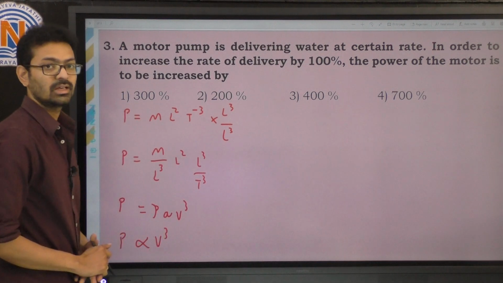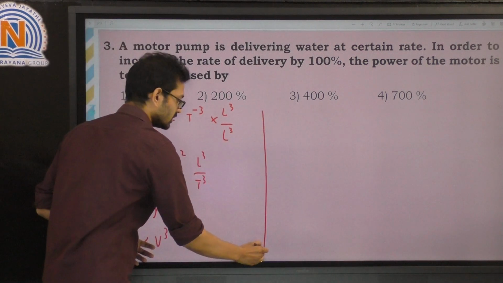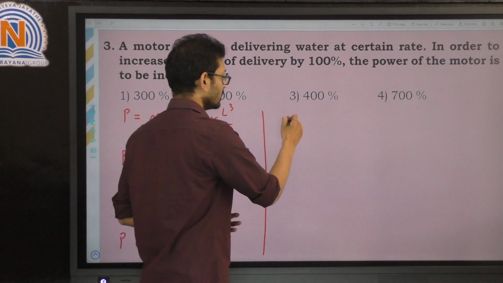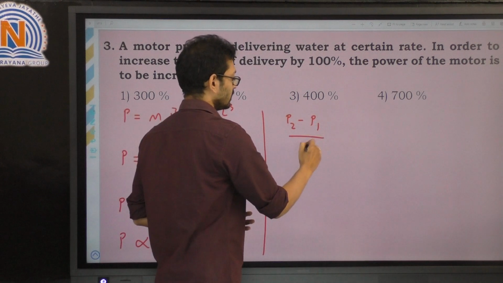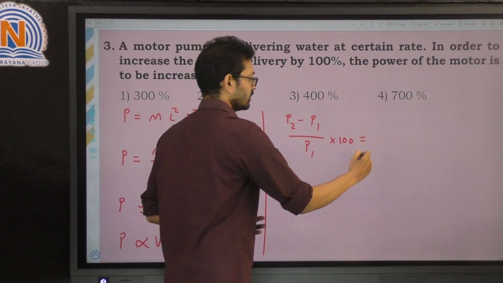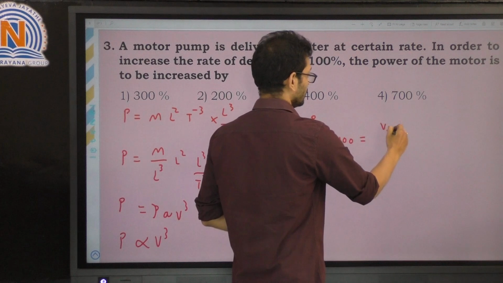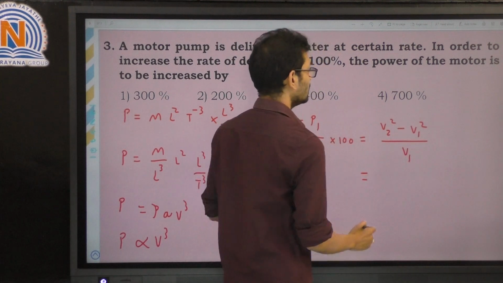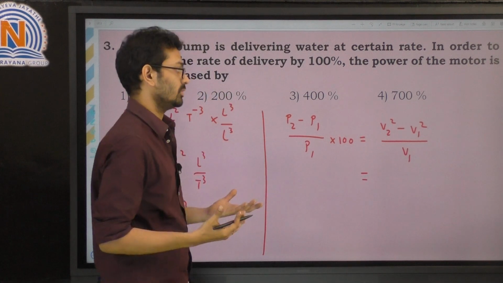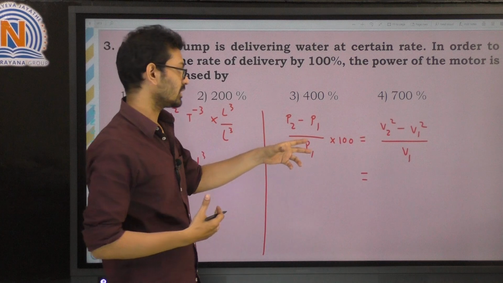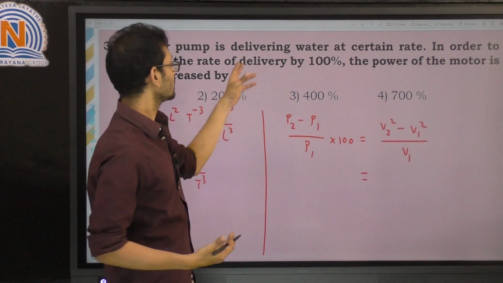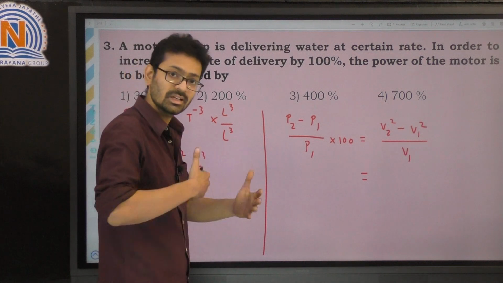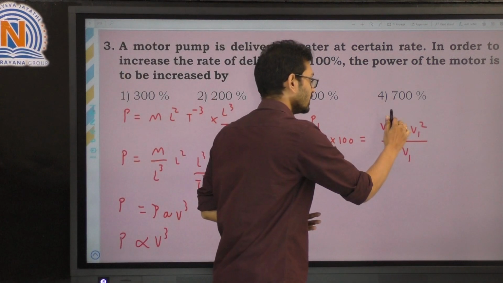If I would like to find out the change in power with respect to the change in velocities in percentages, then I'll go with P2 minus P1 by P1 into 100 equals V2 cube minus V1 cube by V1 cube. Initially, if we don't know how much velocity it is in terms of percentage, we will take it as 100, and it has increased by 100%.